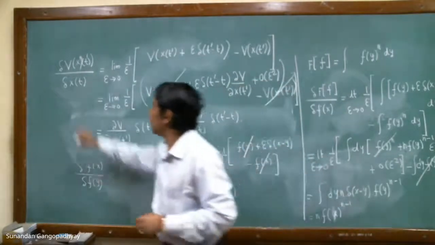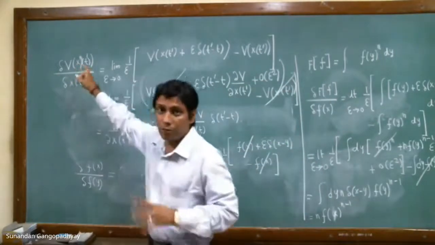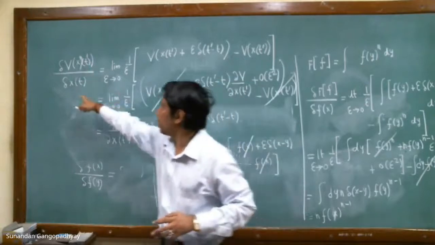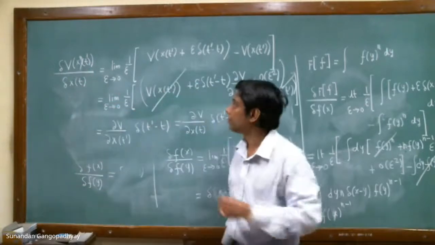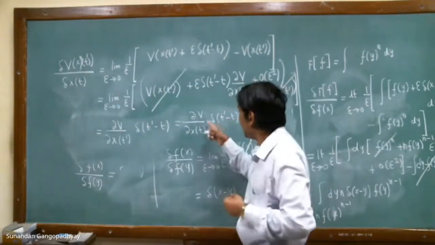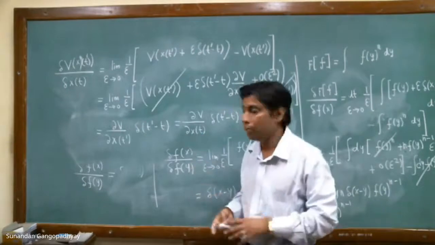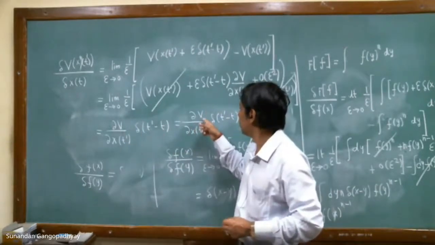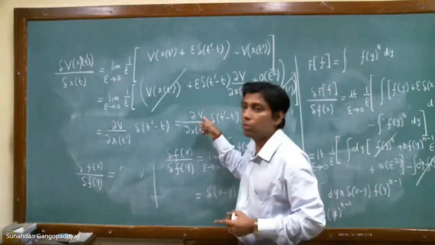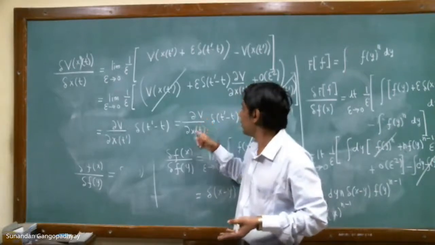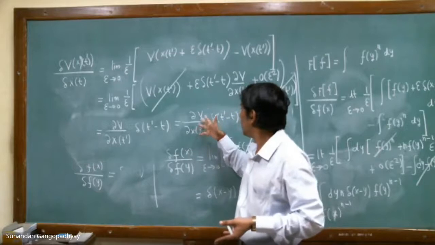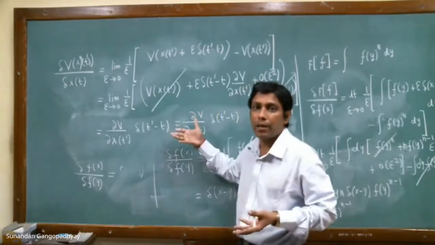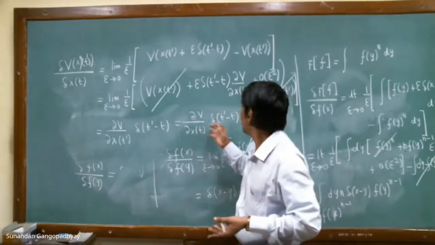So the functional derivative of the potential function, not a functional here, with respect to this x of t, is basically del v del x. So it is like the chain rule. If you take a function, say v is equal to x, then this will just give you the delta function.